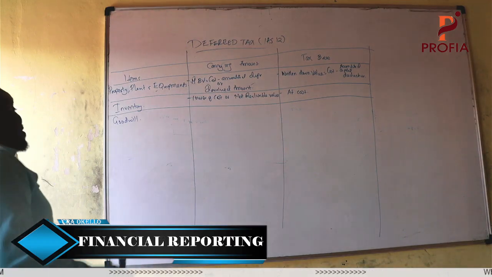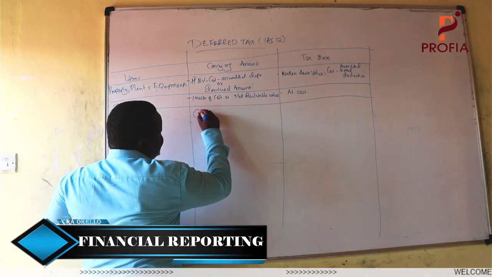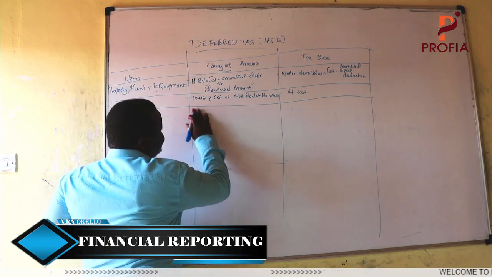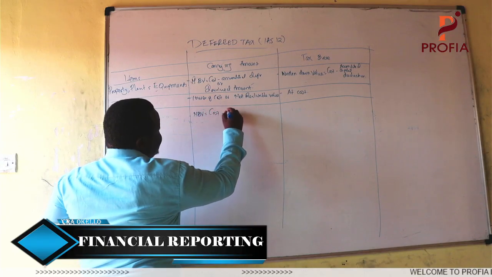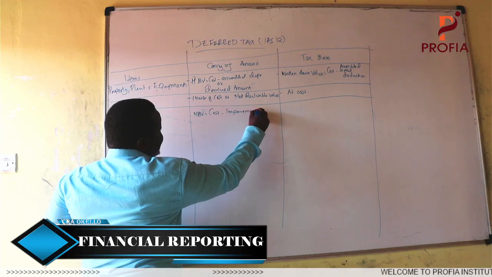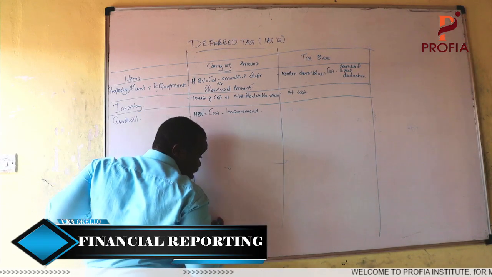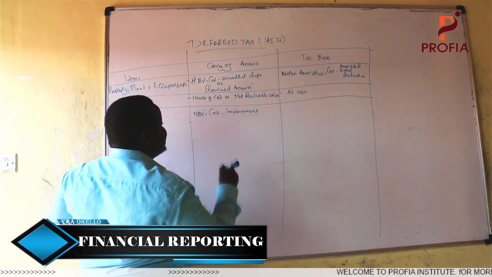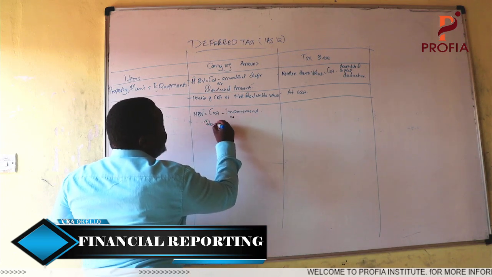Sometimes you can use fair value, so you can say net book value, which is cost minus impairment. For purchased goodwill, I can substitute the word impairment with amortization. We're going to look at that broadly. Or sometimes you can use revalued amount.